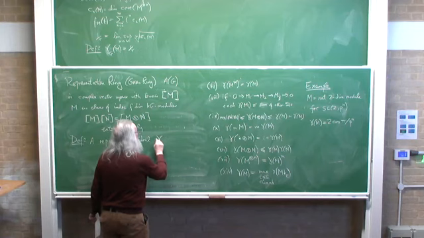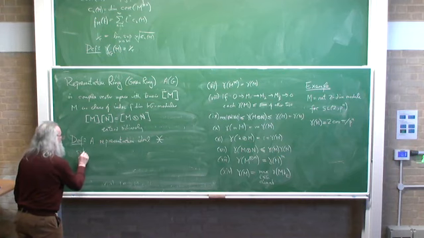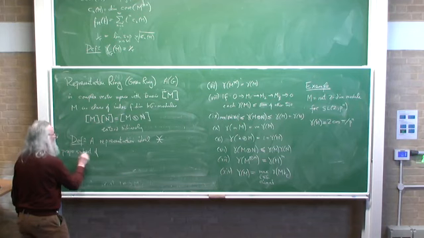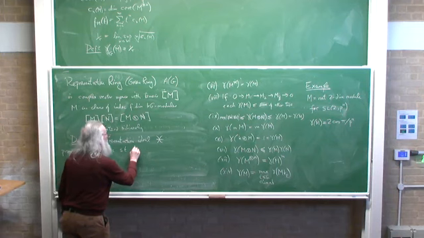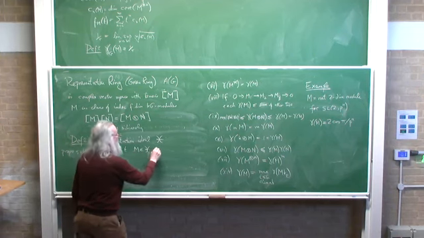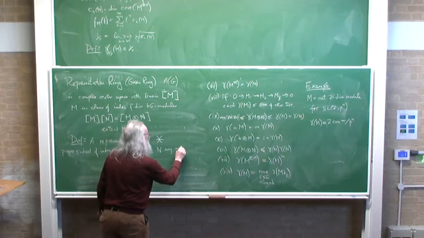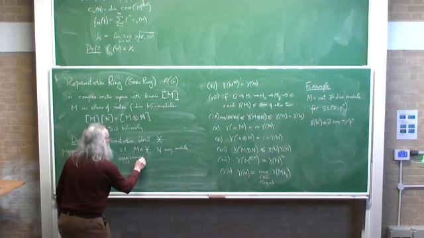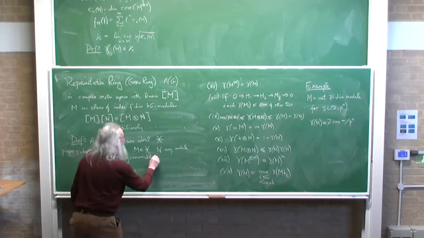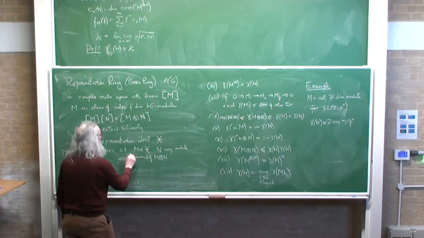So a representation ideal X is going to be a subset, well, actually I'm going to make it a proper subset of the indecomposables, such that if M is in X and N is any finite dimensional module, then every indecomposable summand of M tensor N is in X.